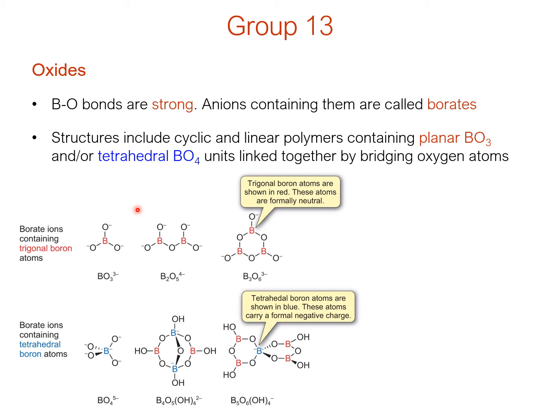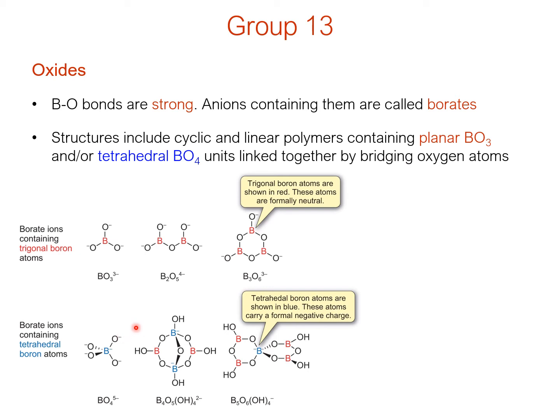And so we've got an example on the top here of the trigonal boron atoms. So these will be planar with 120 degrees between each of these bonds. And as they build up, you can get these rings, and they can become very large.